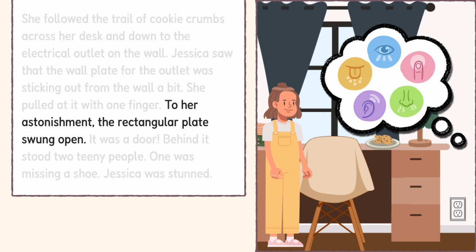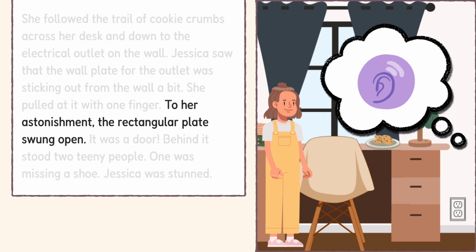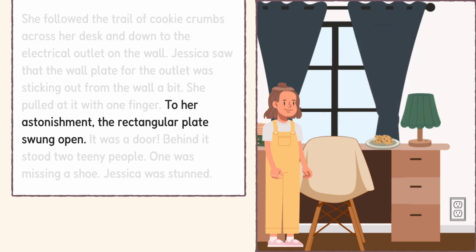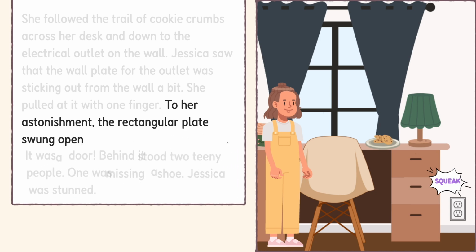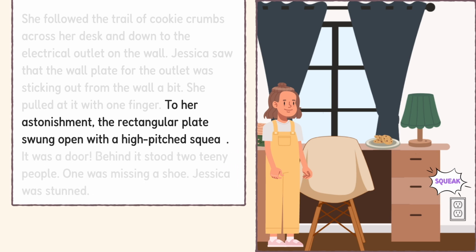Let's add in a sensory detail to help readers imagine how the wall plate sounds as it swings open. What if we made it squeak like a rusty old door? We could add with a high-pitched squeak here. So, now it reads, to her astonishment, the rectangular plate swung open with a high-pitched squeak.